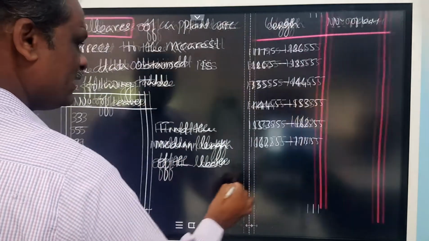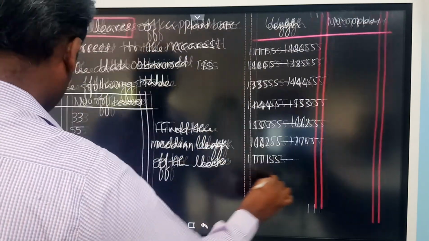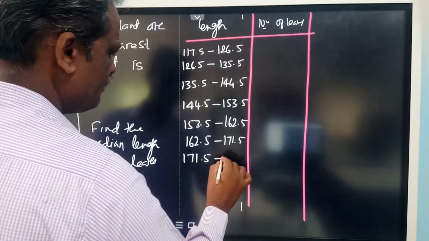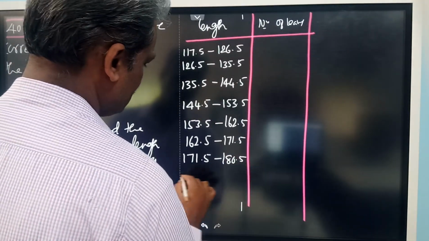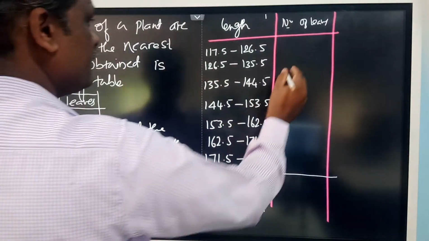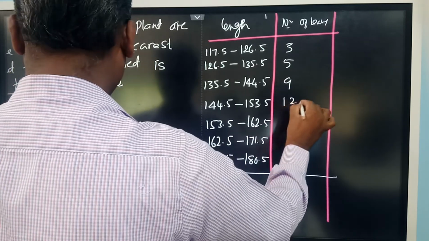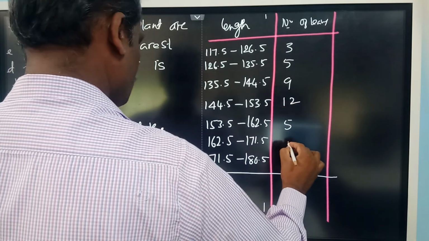Then 171.5 to the last one, 180.5. So you can close this, and the corresponding frequencies you can write: 3, 5, 9, 12, 5, 4, 2.